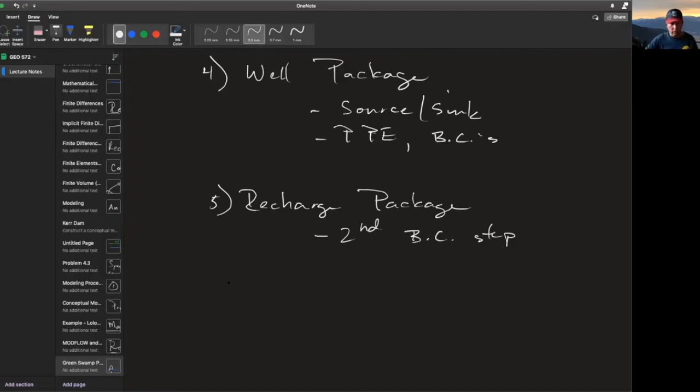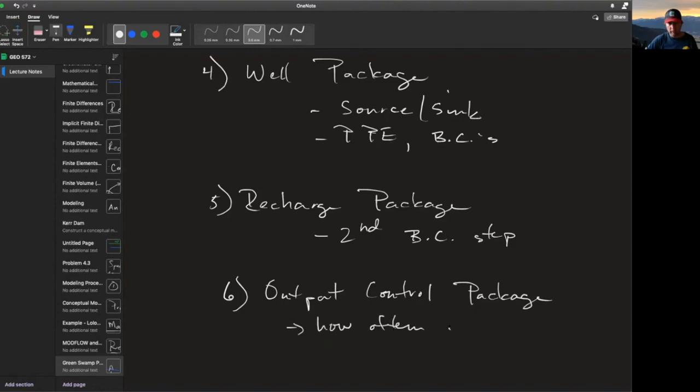The other one we're going to use is output control. This will be how often, and what do we write to file?